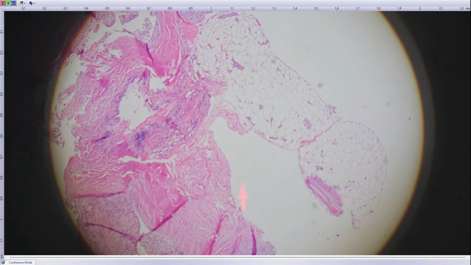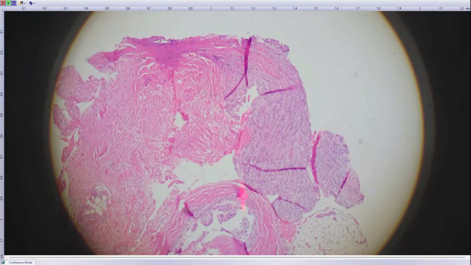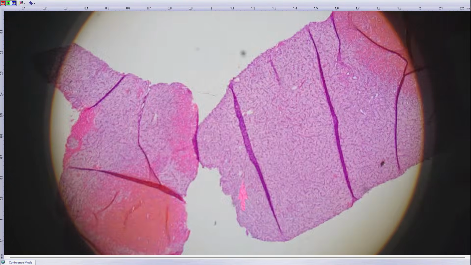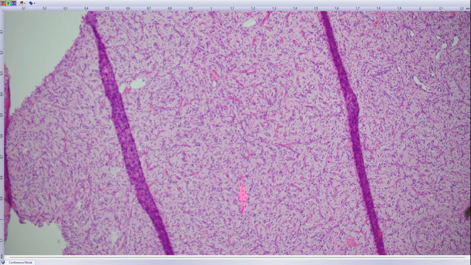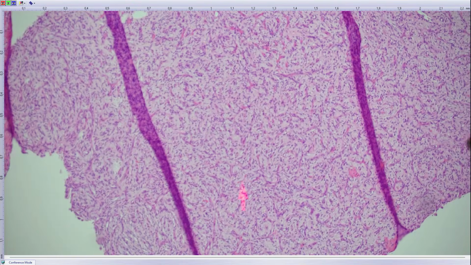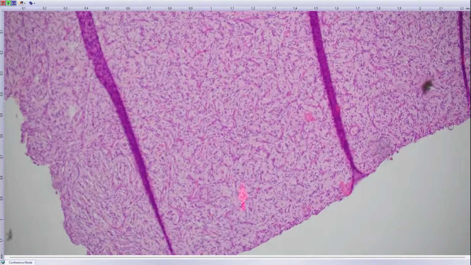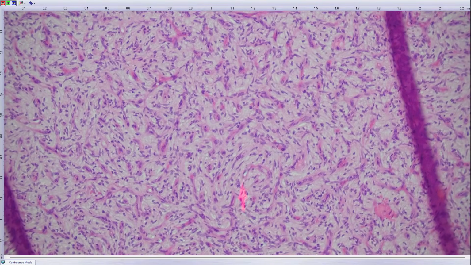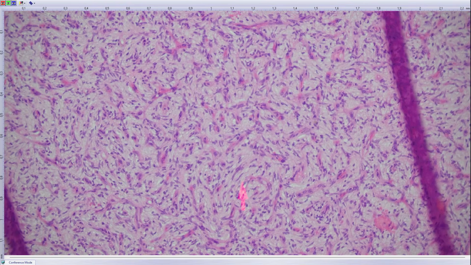And we have these fragments of fibroadipose tissue with pieces of this tumor, which consists basically of spindle cells, and then this very prominent vasculature, which is a little bit similar to the vasculature we saw in the myxoid liposarcoma, for example, these arborizing thin-walled vascular channels. But of course, everything in between is different from myxoid liposarcomas.